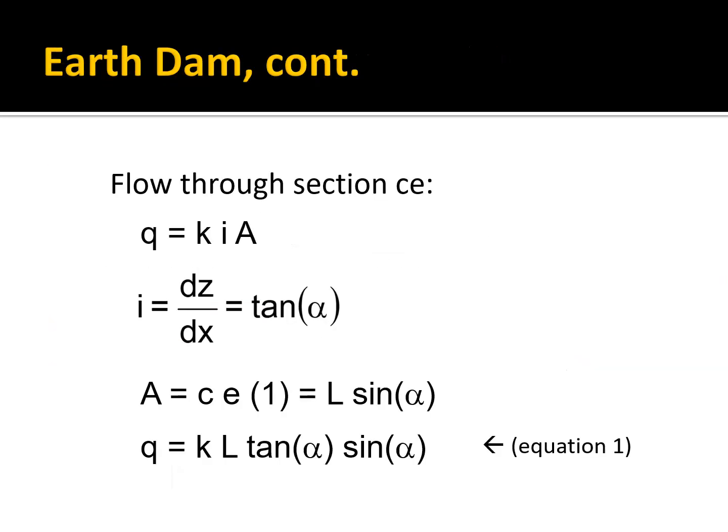So we have L sin alpha. Therefore, the flow rate through this section CE is K times L tan alpha times the sine of alpha. So we've just plugged in tan alpha and L sin alpha, and we get this equation for Q. All right, so that's equation 1.